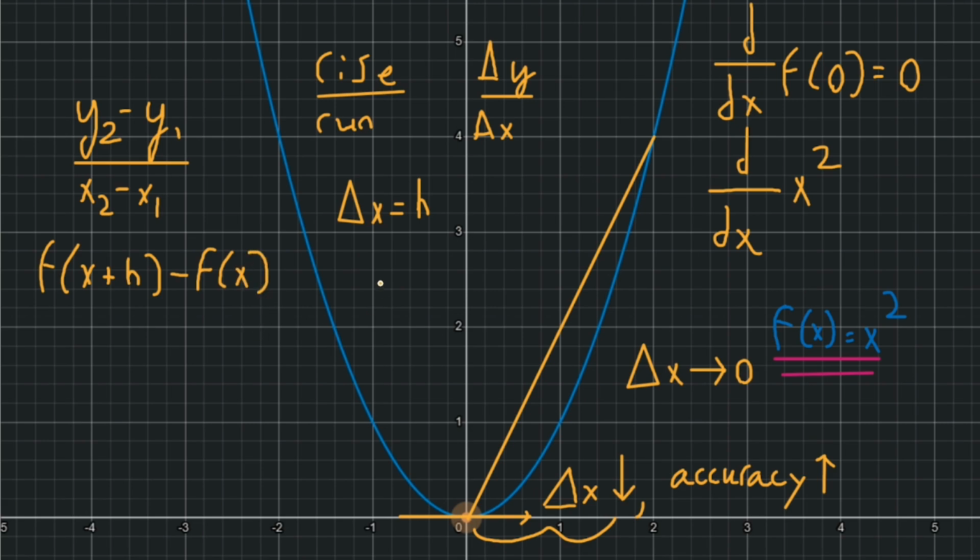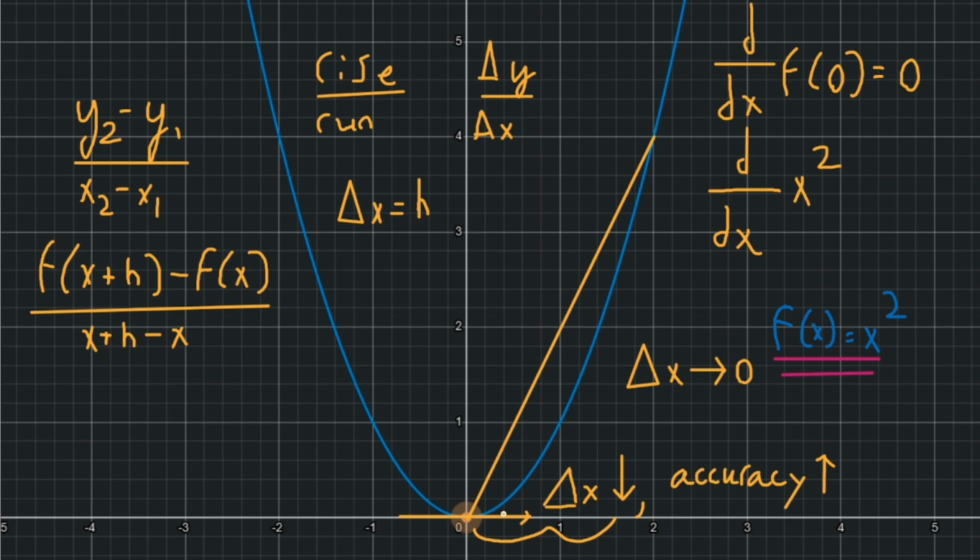And remember, this is very similar to what we just did previously, where we were going from 2 to 0 with a change in x. So anyway, now down here we have x2. So x2 would be x plus h minus x. Remember, we're dealing with some arbitrary x value and then the change in x.